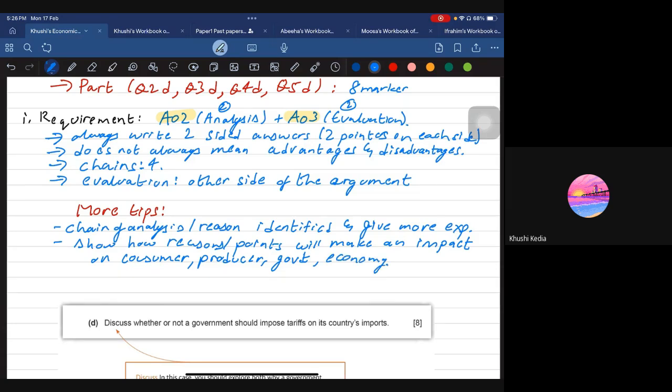So this is very important. If we cannot think of many points, we can show its impact on all the different aspects. Yes, and this is very important.